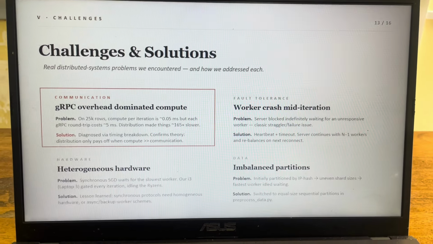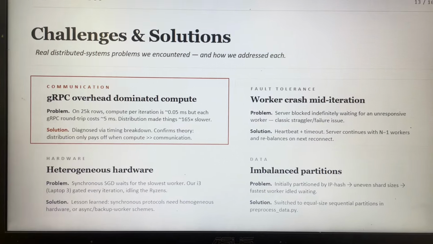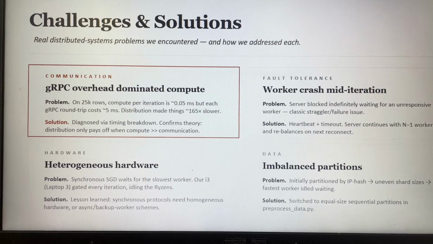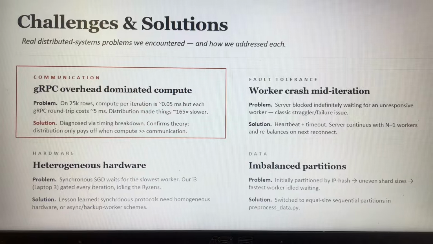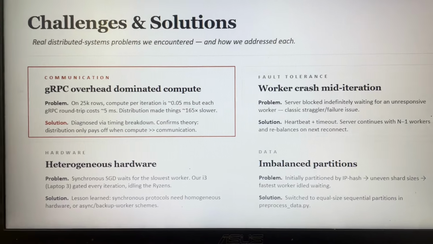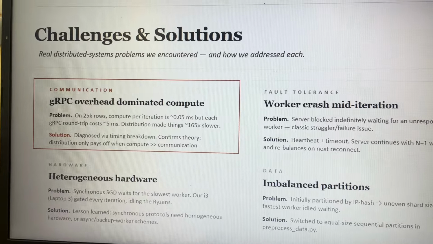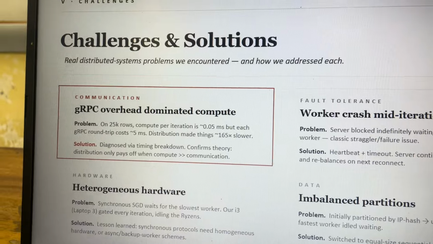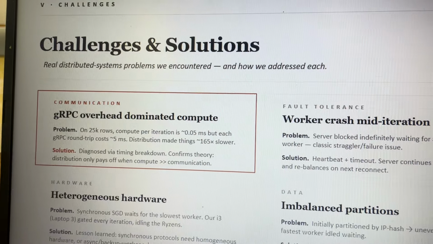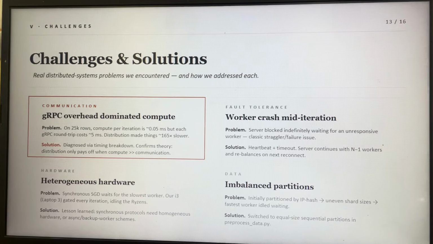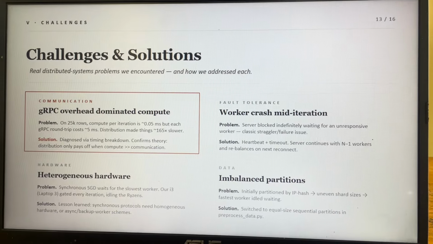Now we go to the challenges and solutions. The real distributed system problems were encountered, and this is how we addressed each. On the communication part, gRPC overhead dominated compute. On 25,000 rows, compute per iteration is 0.05 milliseconds, but each gRPC round trip costs 5 milliseconds.